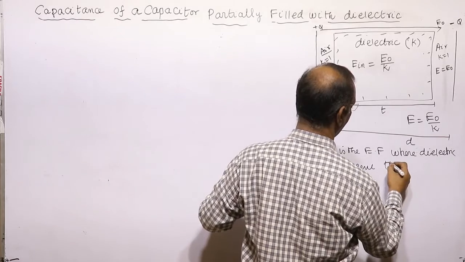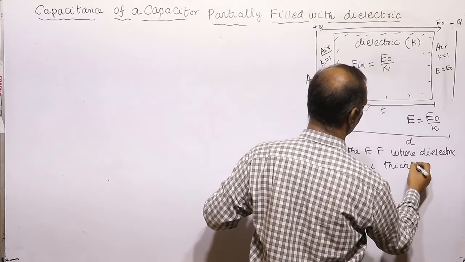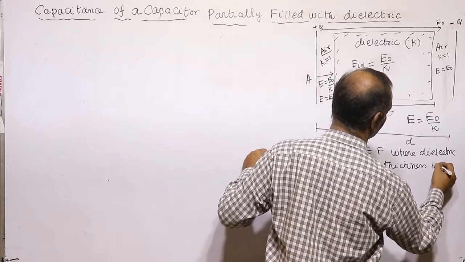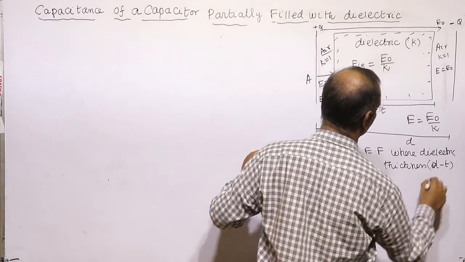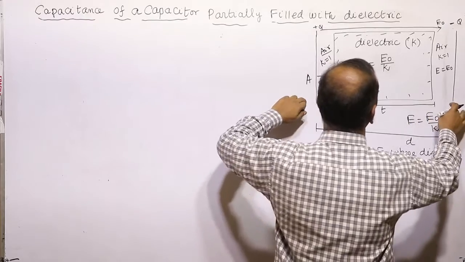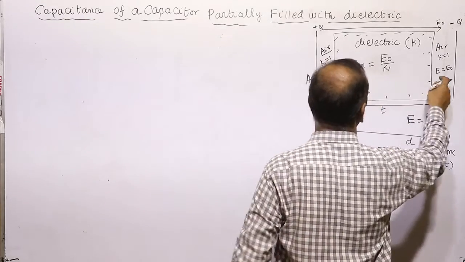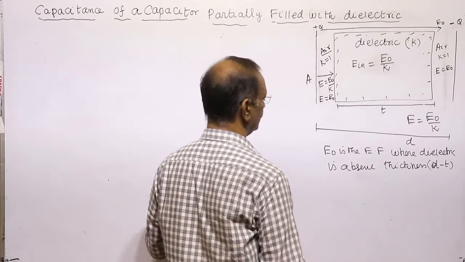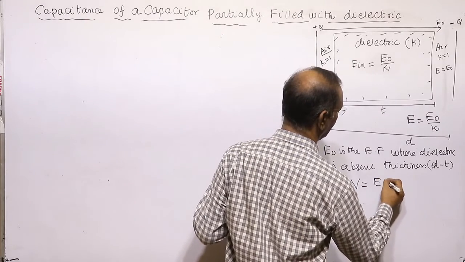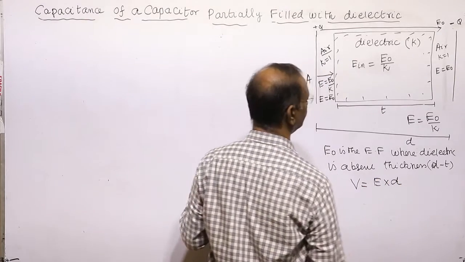So the thickness is equal to D minus T, because this E naught exists over the D minus T portion. As we know, potential is equal to electric field into thickness.